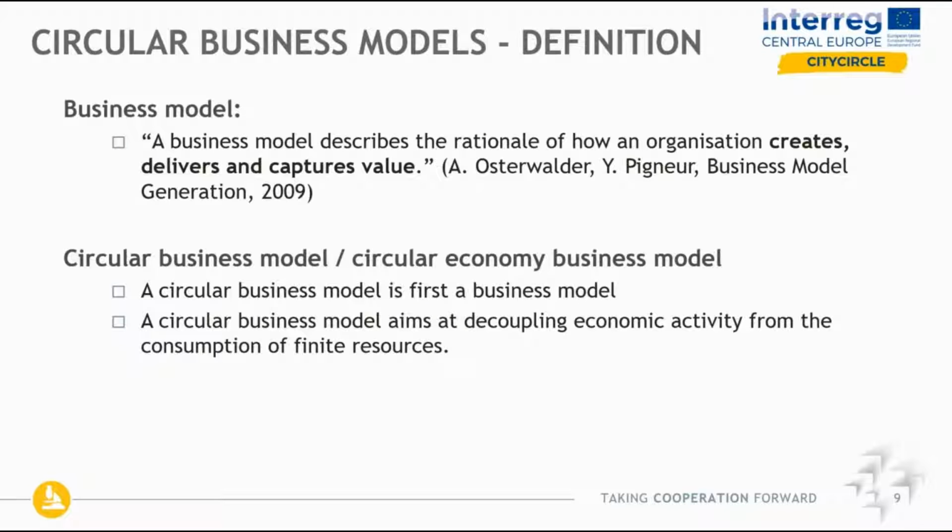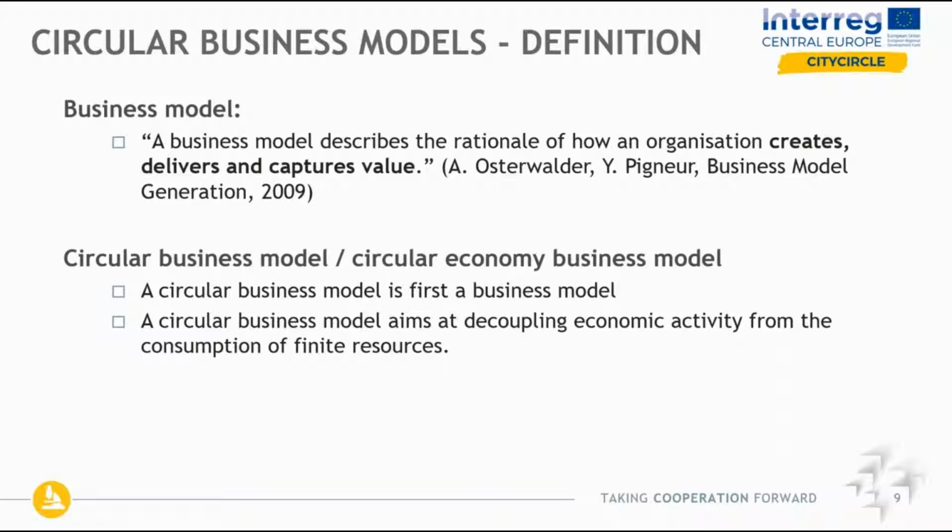Before going into the different models, a word here on business models, how we understand that. As I mentioned before, we have a business perspective in this presentation. So we clearly speak about a business model for businesses, which are organizations which create, deliver, and capture value.